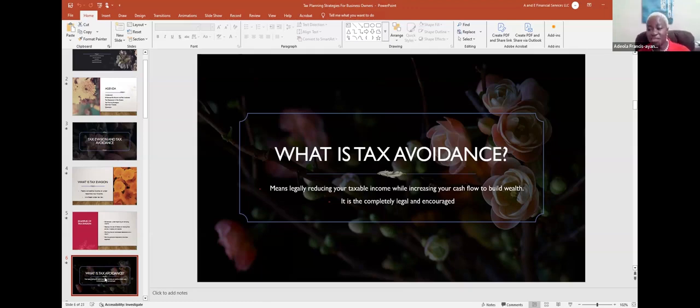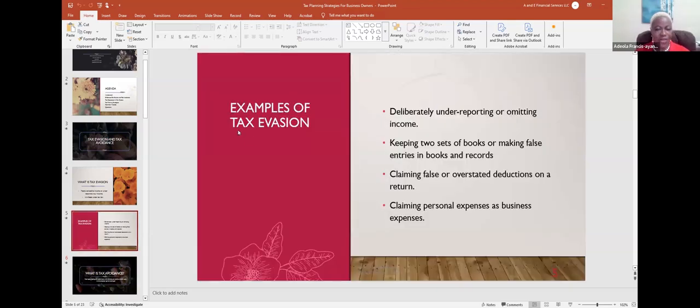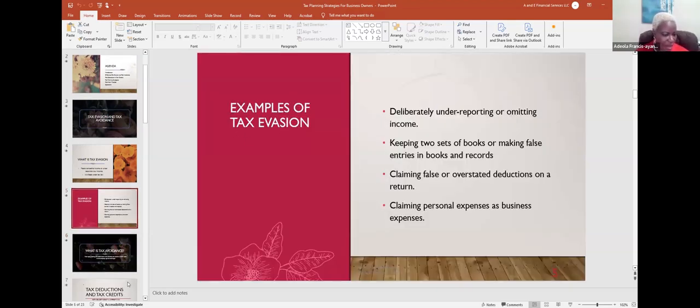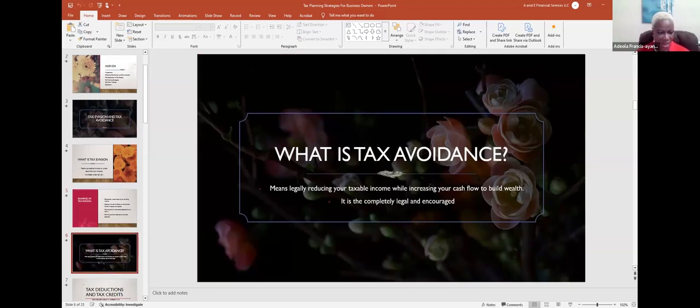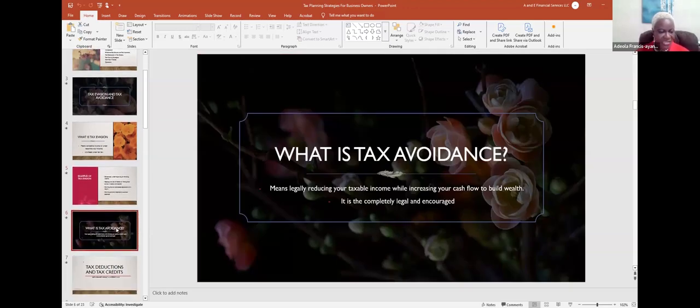That is what we're going to be discussing today: how do we legally reduce our tax liabilities so we can build wealth? Examples of tax avoidance are ways to legally reduce your tax liability.